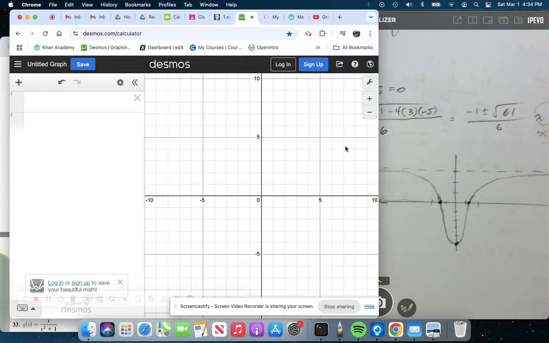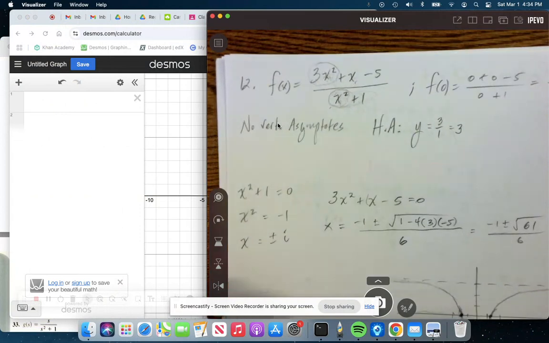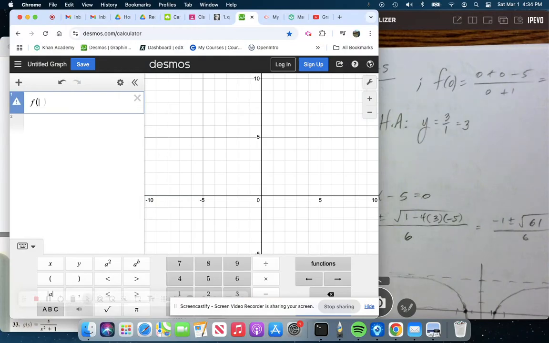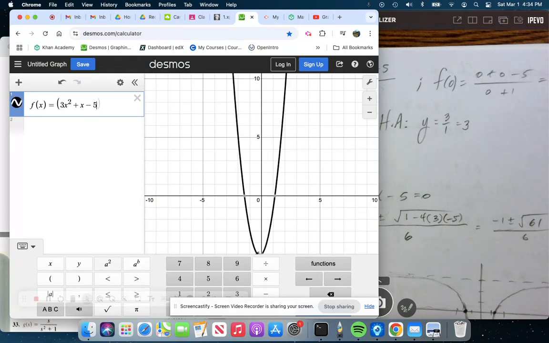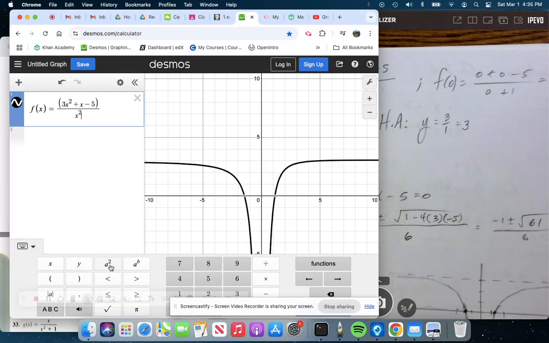All right, so the function is f of x equals 3x squared plus x minus 5 divided by x squared plus 1. And there she is. So looks good.